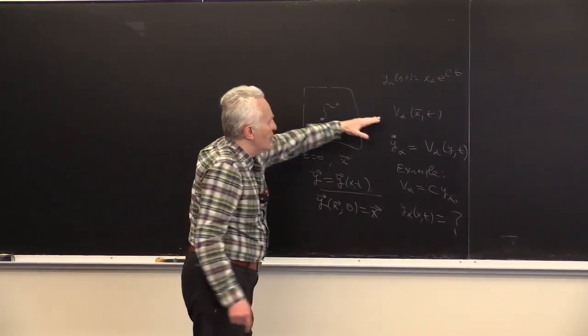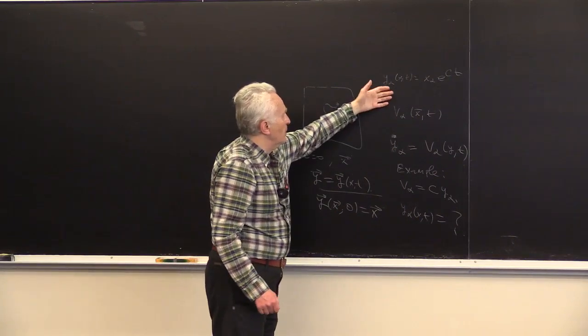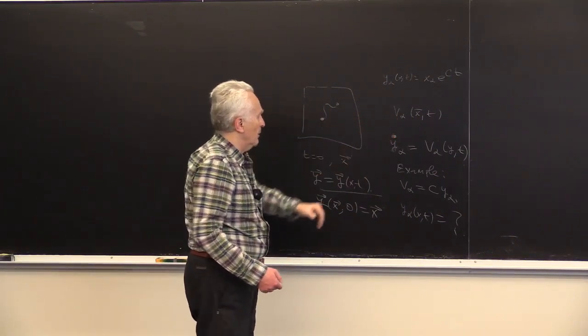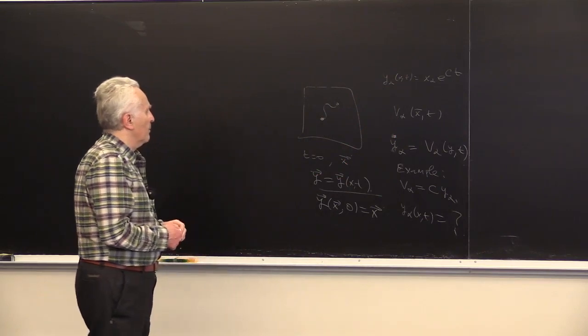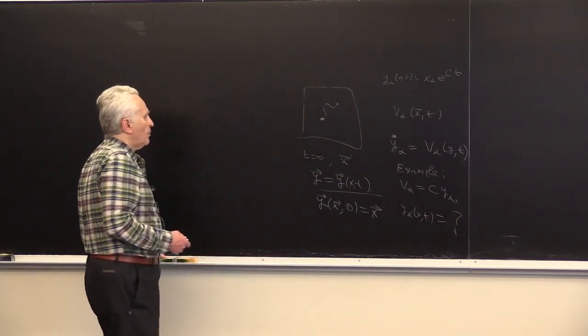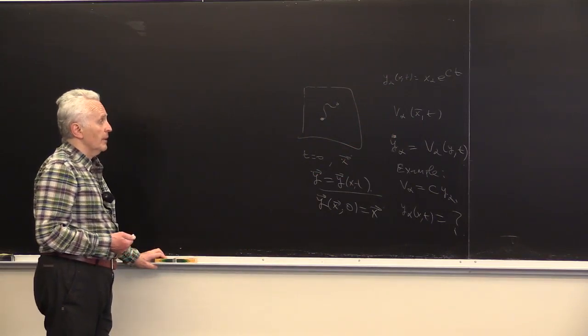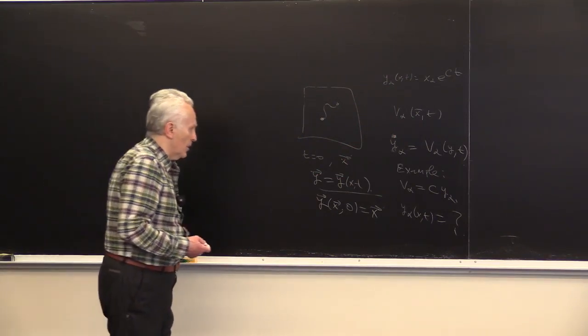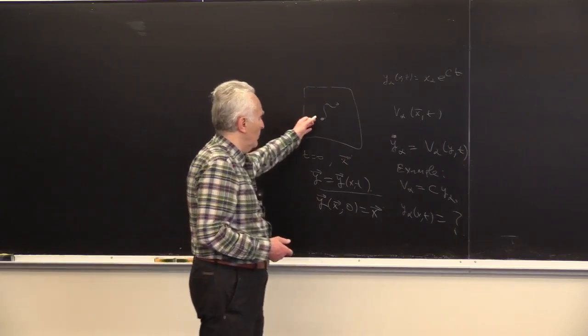But at the moment it's just a mathematical example so that you get the feeling for what you have to do with this relation. Now we actually have to derive the equations of motion for the fluid.